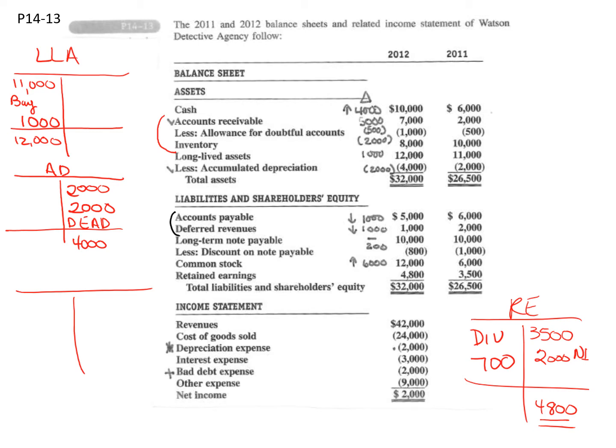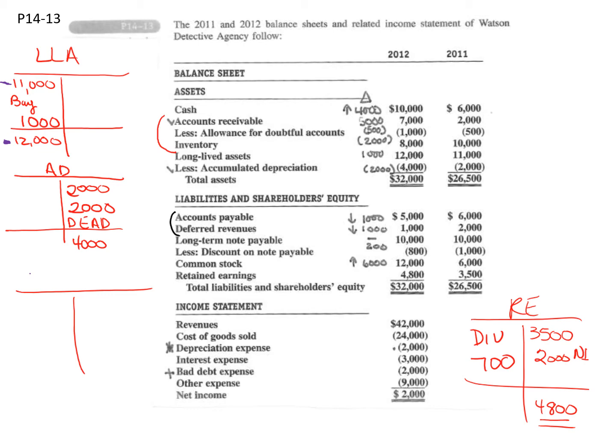So analyzing our long-lived assets. It started the year at 1,000. It ended the year at 12,000. So since there's no additional information, the only thing I can conclude is that I bought $1,000 worth of long-lived assets.